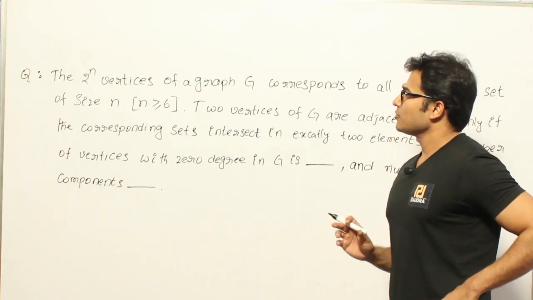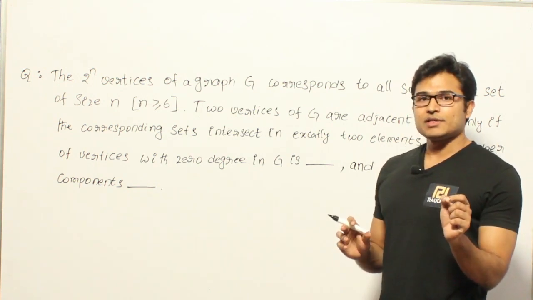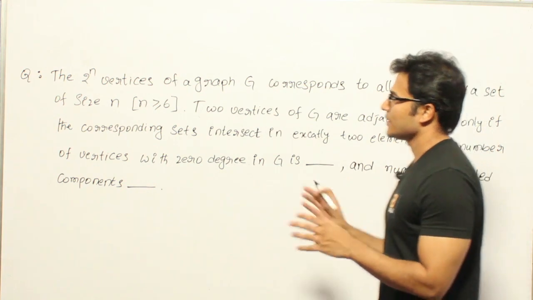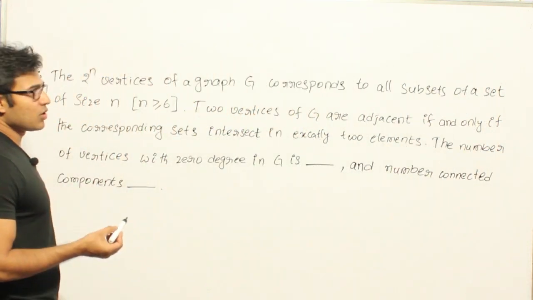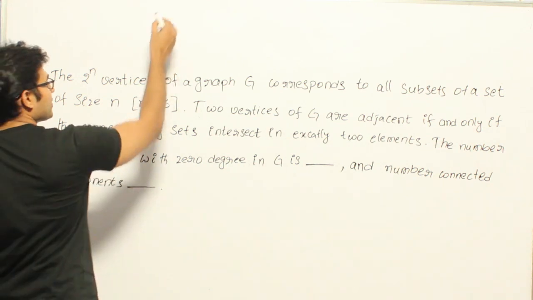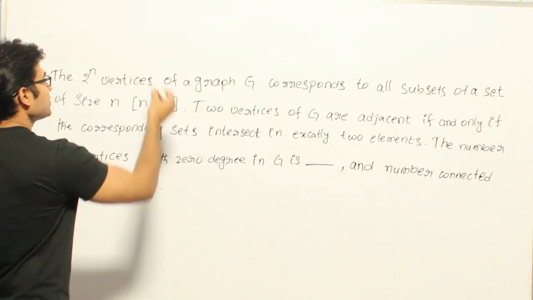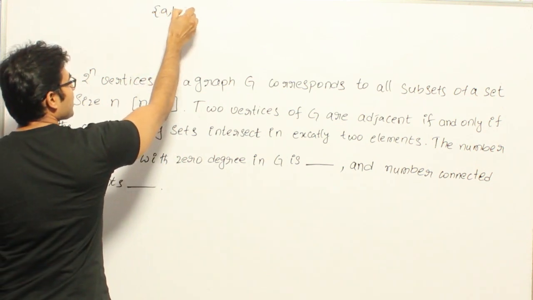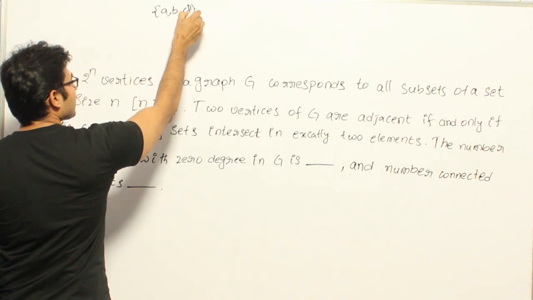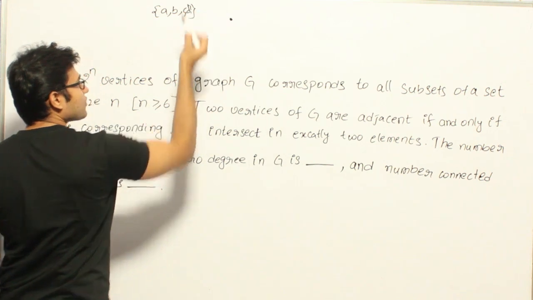What they are talking about is a graph in which every vertex represents a subset of n elements. Let's take a small example. Even though n is given as at least 6, if you take 4 elements, say a set containing A, B, C, D, then every vertex represents a subset of this set.